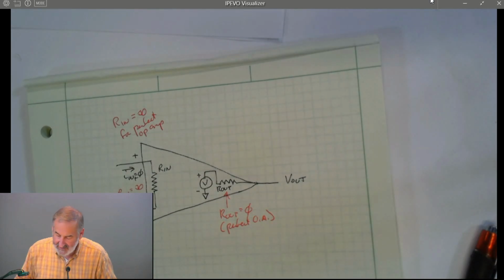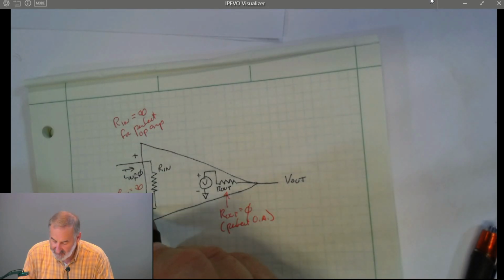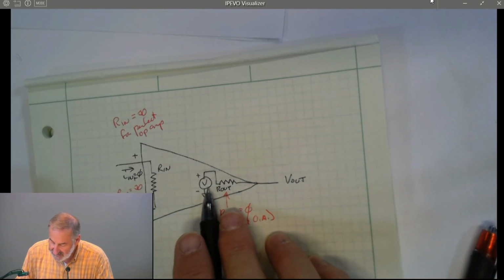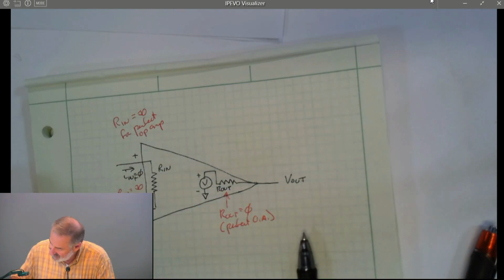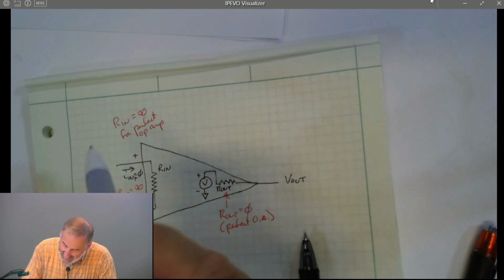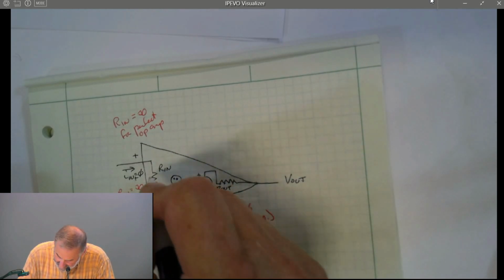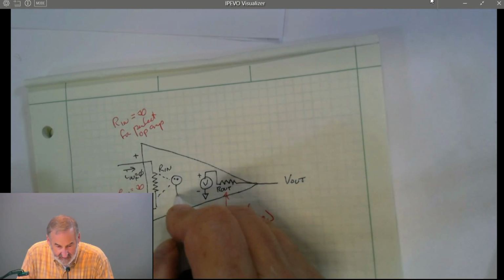And there's something that causes the difference between the positive and negative input to be multiplied by some large gain and controlling what this voltage is. And we're going to make that be a little guy inside, a little gnome, who's going to look at the difference across Rn.